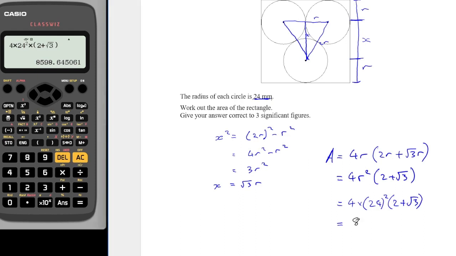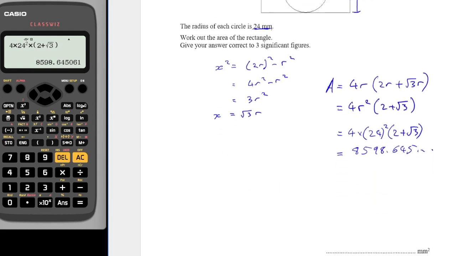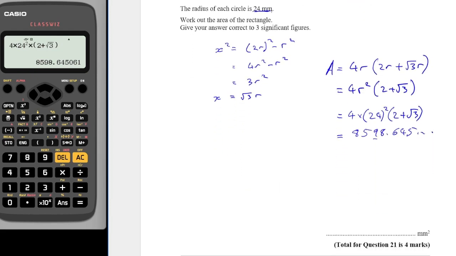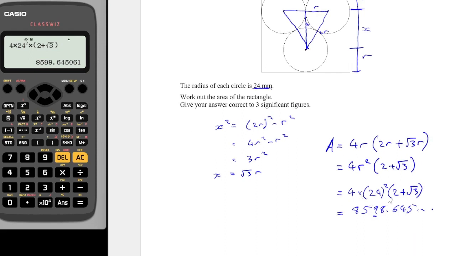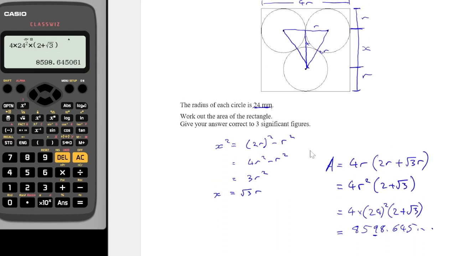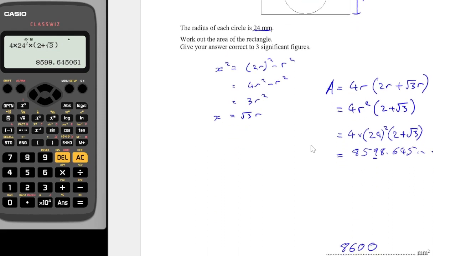So I think it's going to be 8,598.645... We're asked for 3 significant figures, so that's going to be 8,600. Okay, nice question. It's absolutely fine to work out the numerical values. I just left it in terms of r because I found that one substitution at the end quite handy. But if you did it in more detail than that, that's absolutely fine.